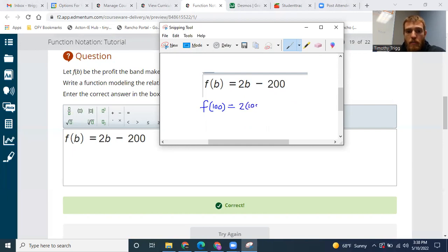So 2 times 100 minus 200. Well, 2 times 100 is 200. So we have 200 minus 200, which you probably already know is 0. Okay, 0.